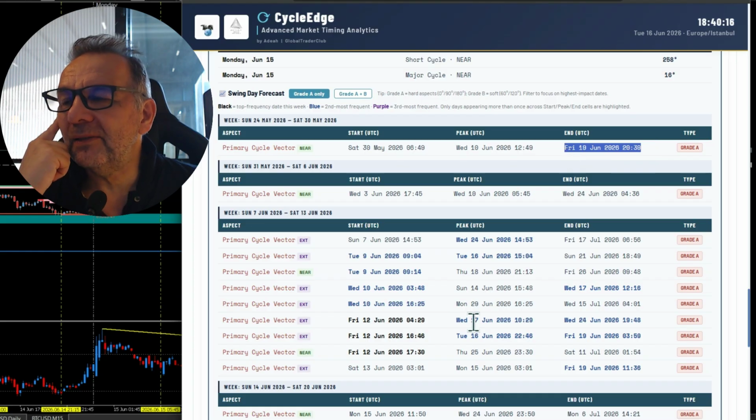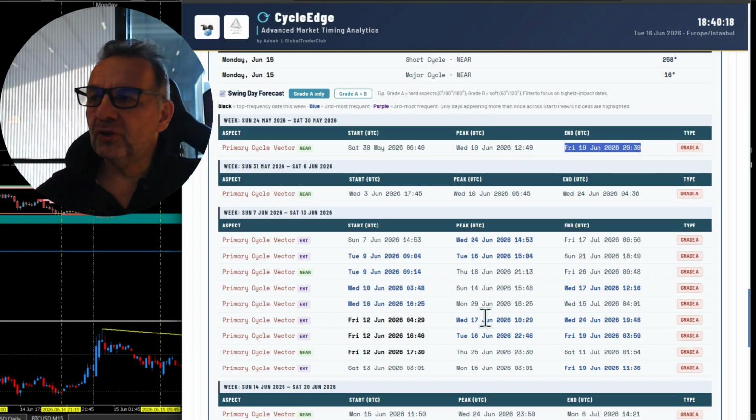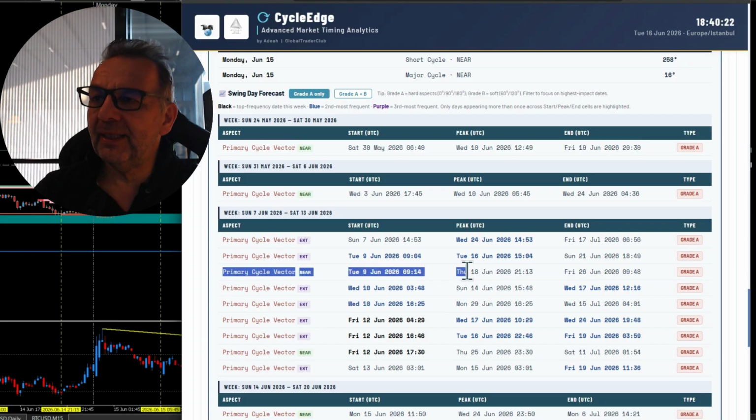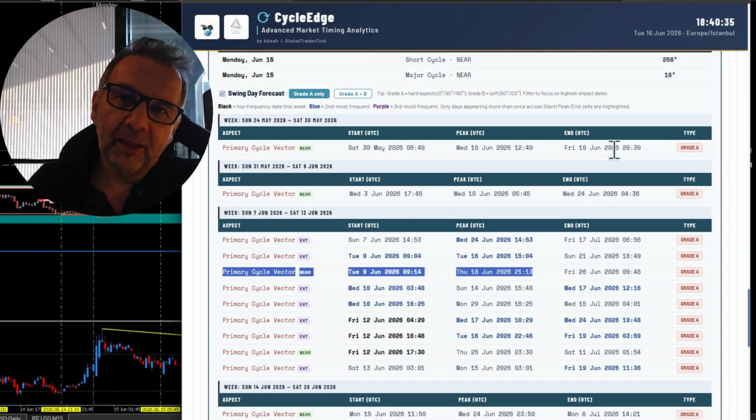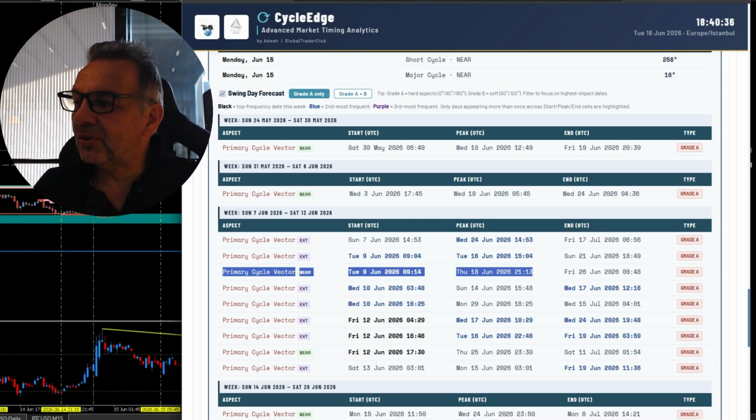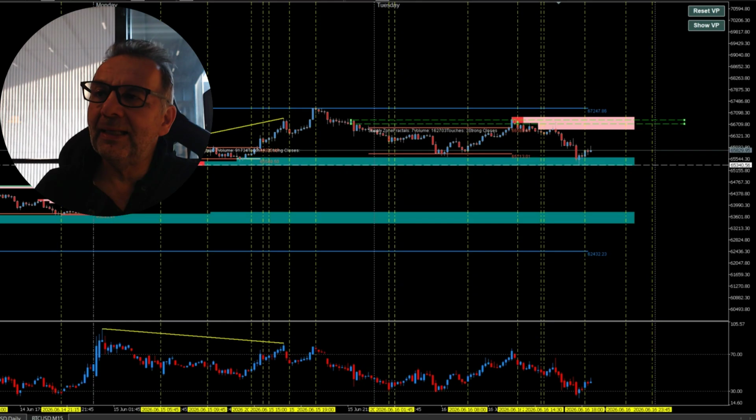If something on the 17th doesn't happen, we'll check out where this primary cycle vector is going to peak out on the 18th, and this one is going to end on the 19th. What does that mean? It means on the 18th we could be somewhere, and on the 19th the market can turn around. This happens often, so knowing these days is important.